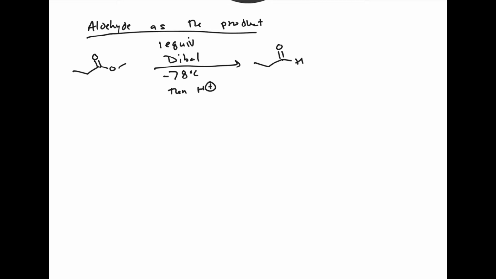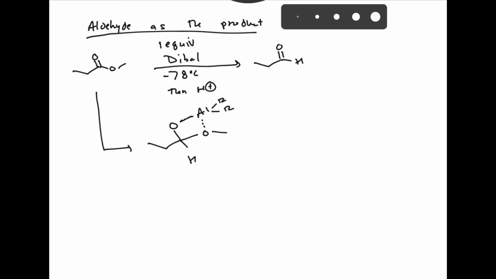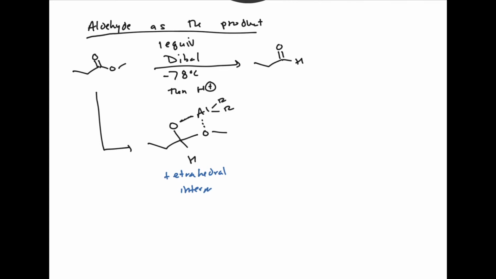So when you add a hydride to your carbonyl carbon, you get your tetrahedral intermediate, and this is stable at minus 78 degrees C. DIBAL has an aluminum as the metal that's carrying the hydride.